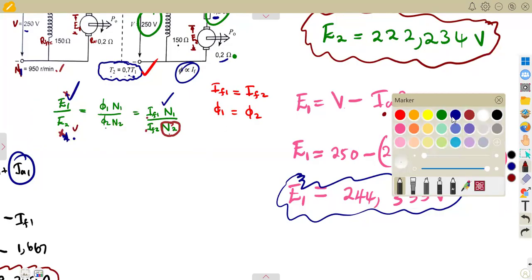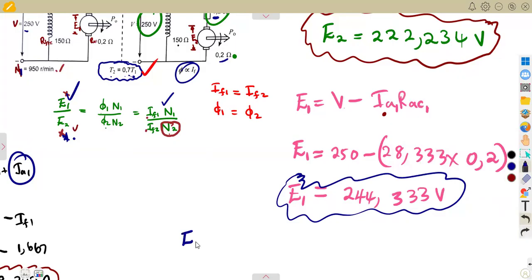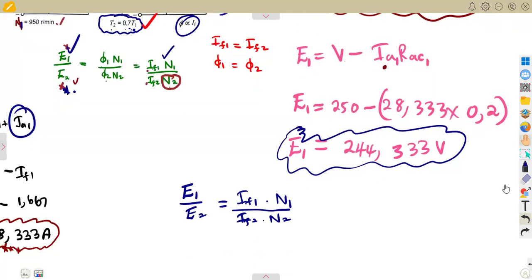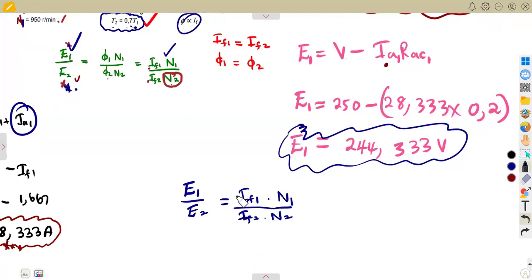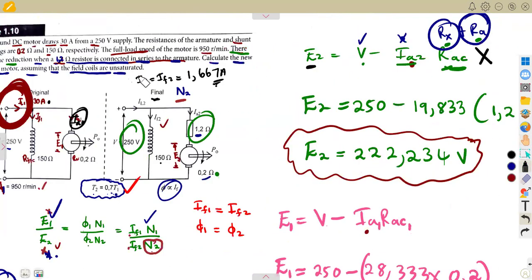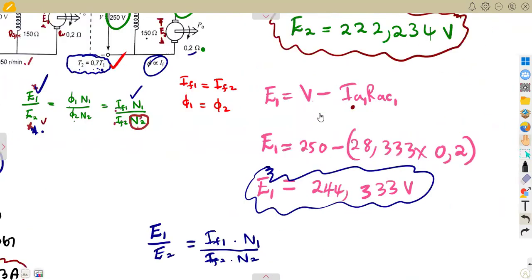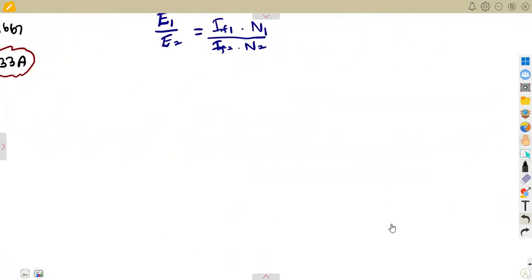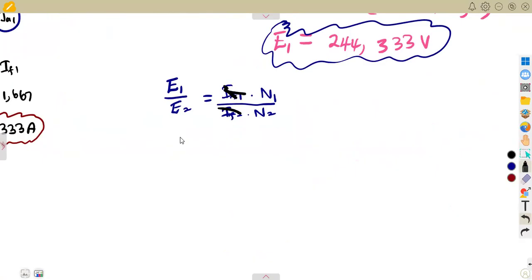Then you have to figure out what is missing in the formula, and then you calculate those things. We need to find N2, remember? And we saw that these two are the same from our calculation. There's no need for us to substitute. You can substitute, it's fine. But we calculated these two and they gave us the same answer, 1.667. So you can even ignore that because these two are the same.